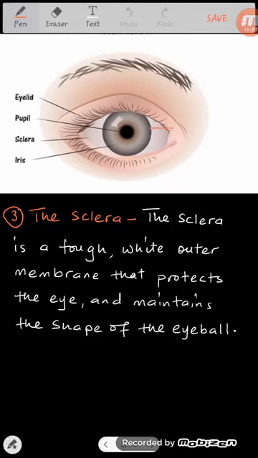So, this sclera protects the eye because it is very tough when you touch it. Also, this sclera maintains the shape of the eyeball. The eye is in the form of a ball that we call the eyeball. So this sclera, together with the vitreous humor, maintains the shape of this eyeball. That is the thing. Okay?